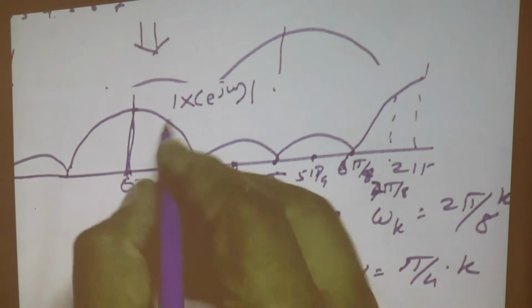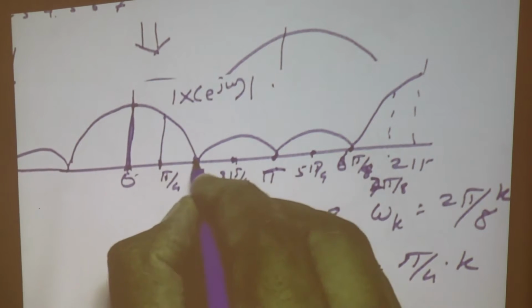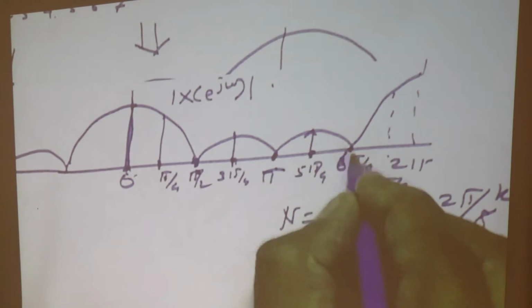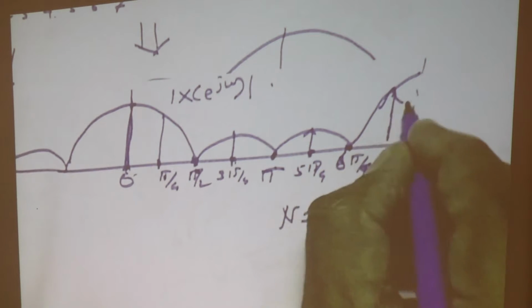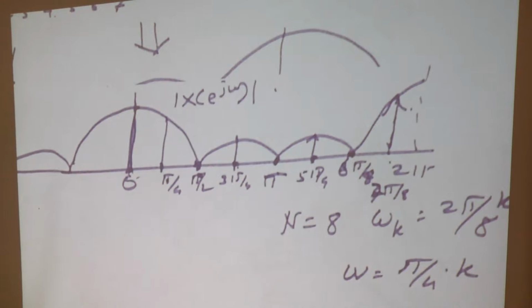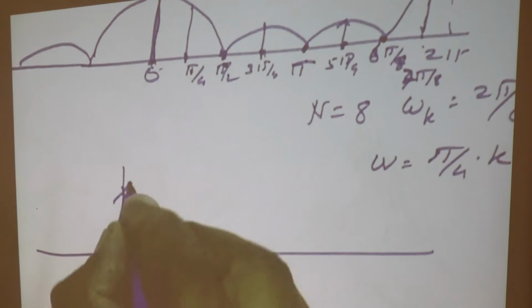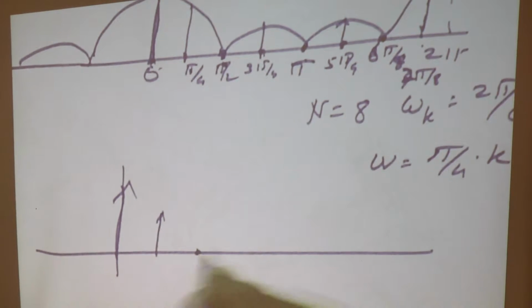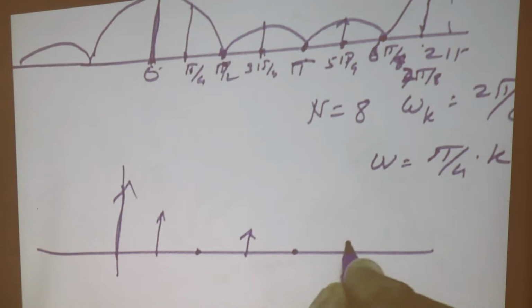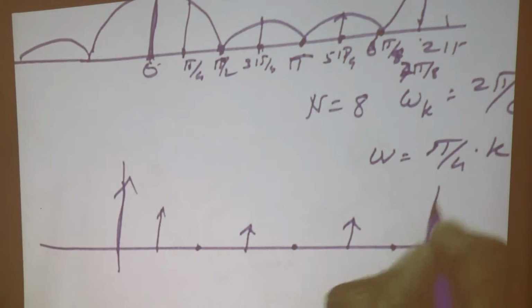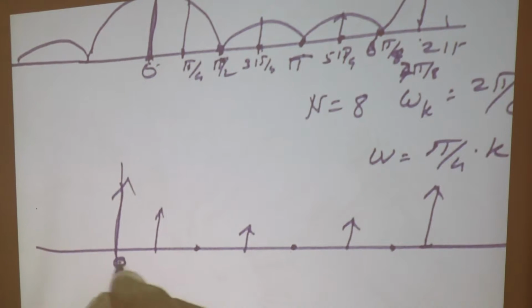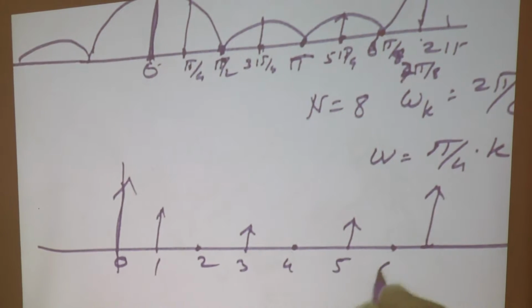Alright. Now the samples are these 1, 2, 3, 4, 5, 6, 7, 8. These are the 8 sample values. So now my Fourier transform looks like this, with k from 0 to 7.